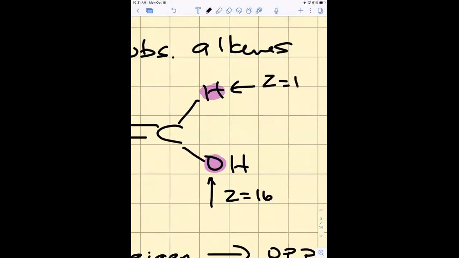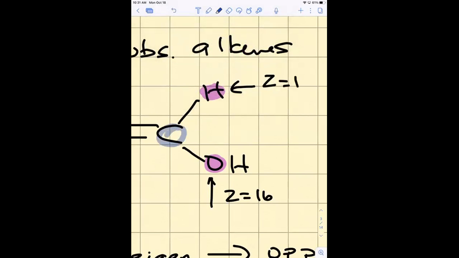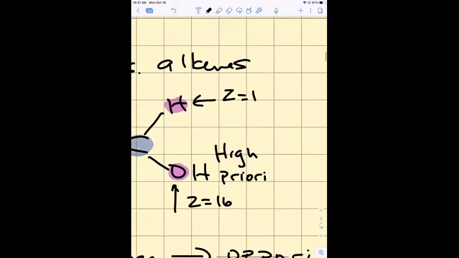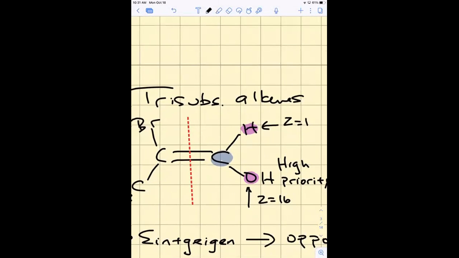So on this carbon, the high priority group is oxygen, based on the atomic number.